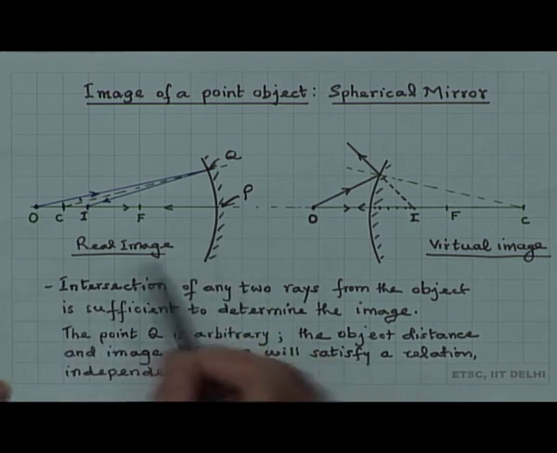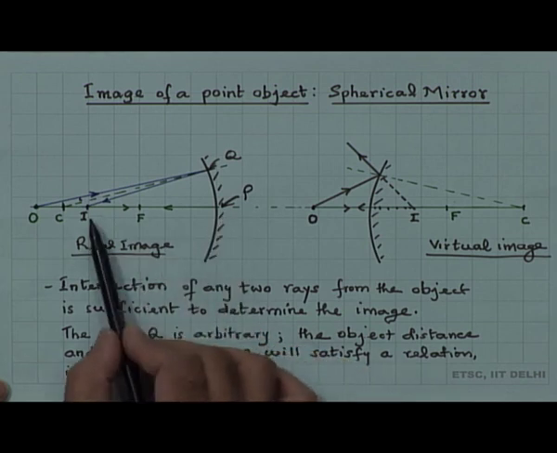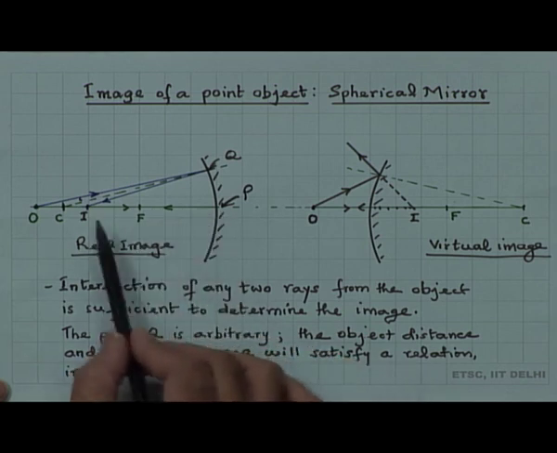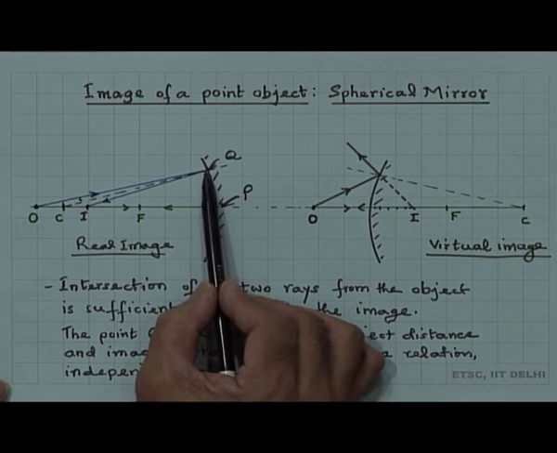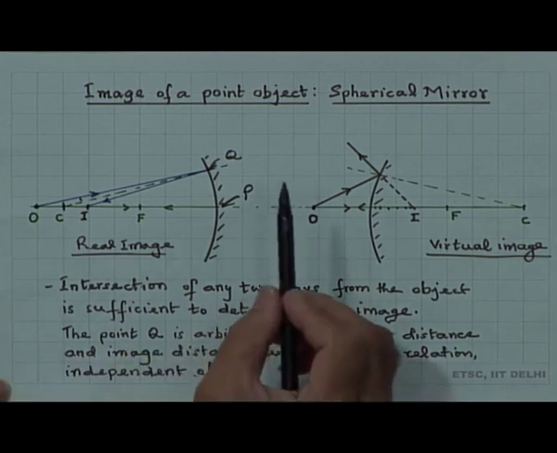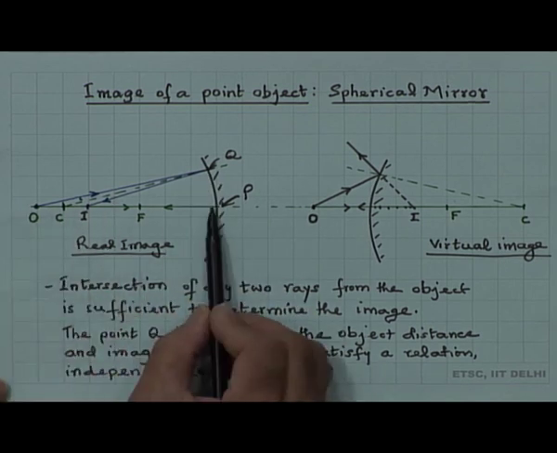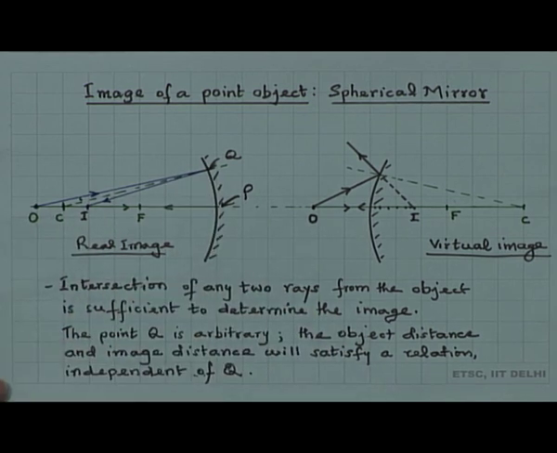We will show shortly that the object distance and image distance have a certain relation which is independent of the point Q. So, the point Q is arbitrary, and therefore, considering any two rays will be sufficient.